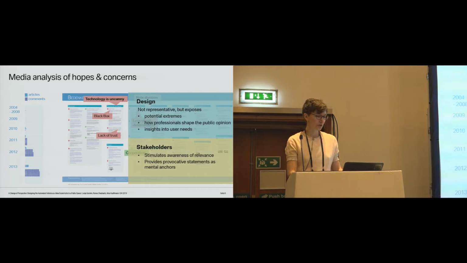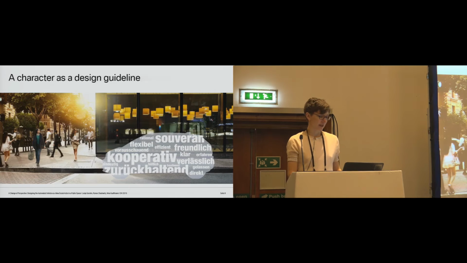Now, we wanted to use the insights that we gained here also for the concept work. So we created a character based on hopes and fears and on workshops with experts and some literature on technology acceptance.